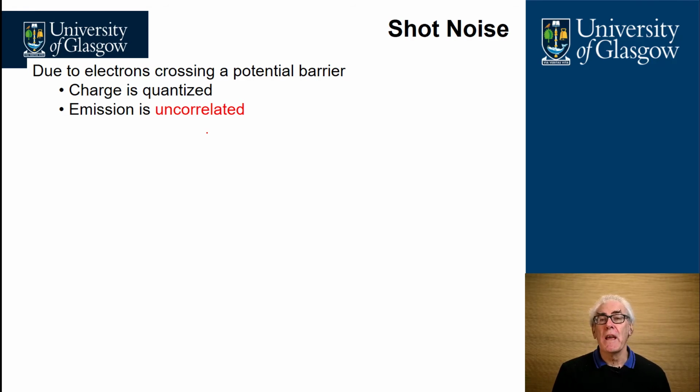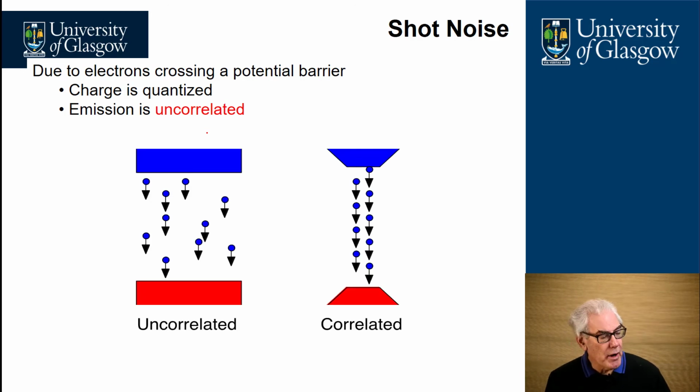So while you may have a general flow of current through a junction, the actual arrival of each of the electron charges is fairly random because it's uncorrelated. So here we have on the left hand side the effect of an uncorrelated arrival of electron charge.